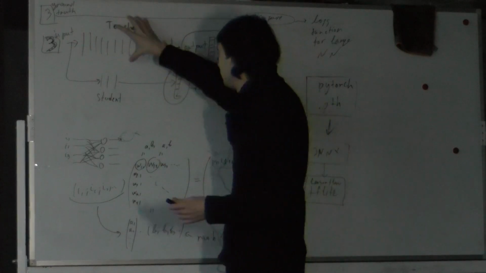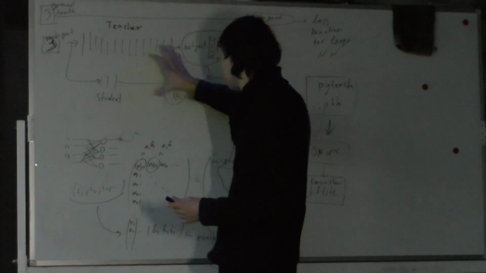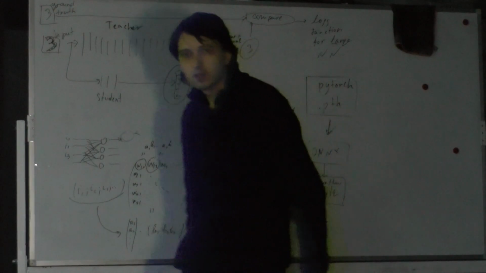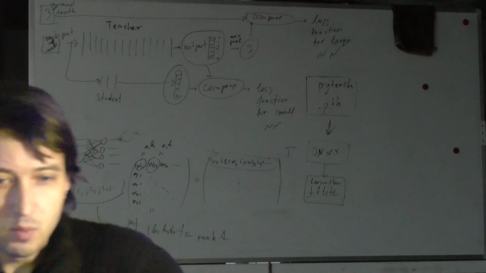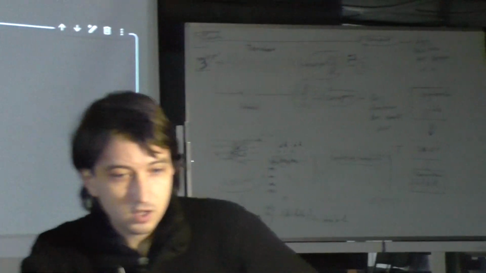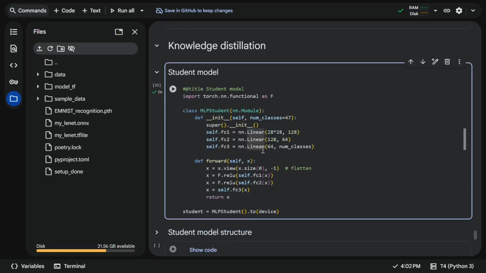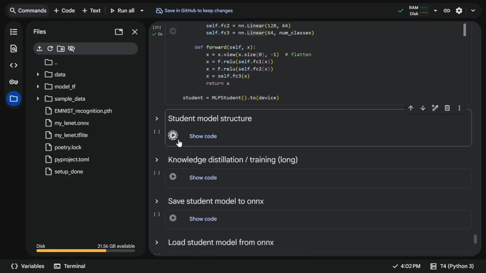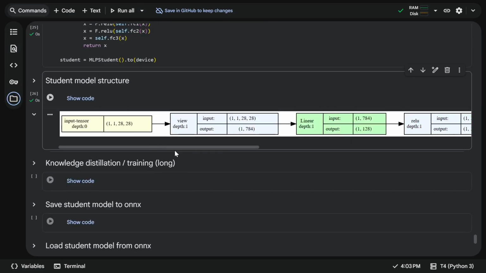So teacher with its outputs teaches student to generate the same outputs. So our student model contains just a few fully connected layers. Here you see these fully connected layers. I will show you this representation of the structure.